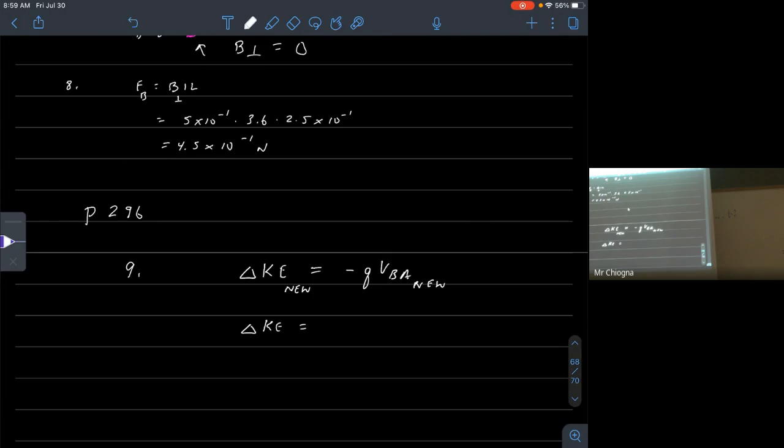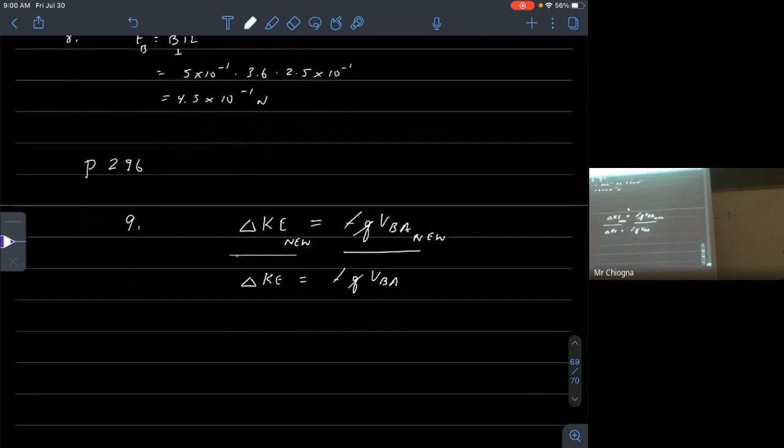This is just the old value. I didn't put any subscript, but it's the old value. Okay, so it's just, again, divide top by bottom on both sides. So the charge and the negative sign will cancel out.